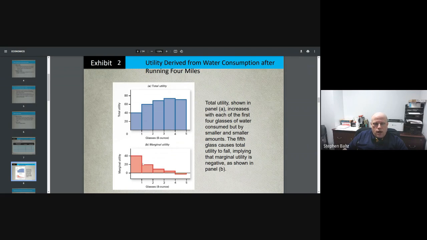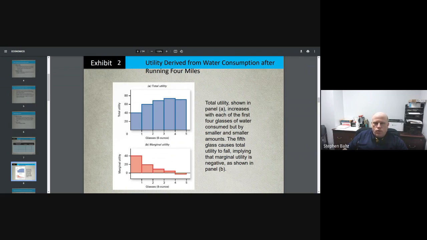And from that first unit of consumption, total utility increases, but at a decreasing rate, until eventually with that fifth glass of water, the consumption of that fifth glass, that's where marginal utility is now negative. All right, so we're experiencing disutility, and that's where total utility starts to decline.